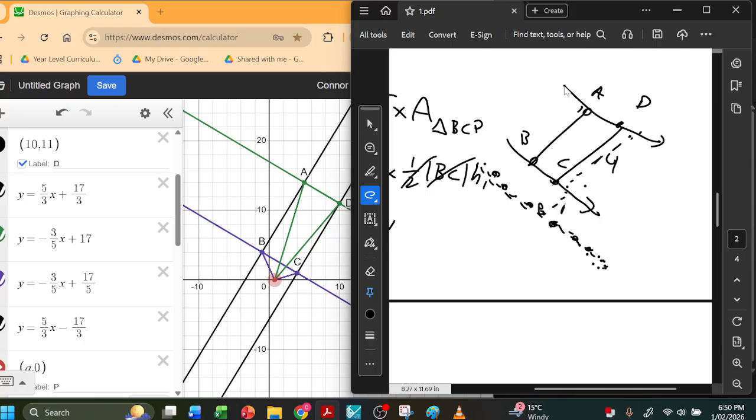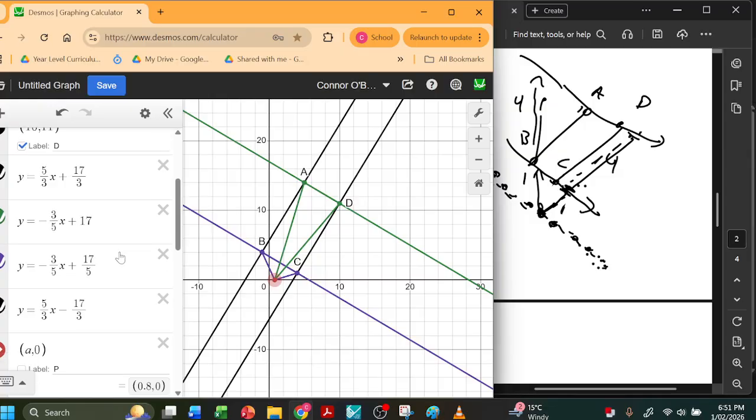If we consider that point P was here, then there's a 1:4 ratio between the distance from point P to the line BC and the distance from that line BC to D. The same should be true anywhere along this line, so it'll be true of those 2 points there, and these 2 points here are also going to be a 1:4 ratio. The important thing we can notice is that these two lines, AD and BC, because they're parallel, are described by a family of curves.